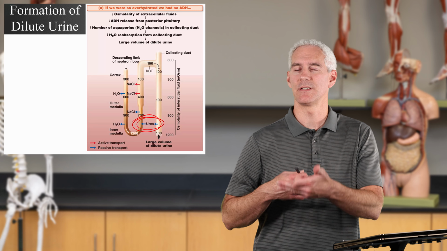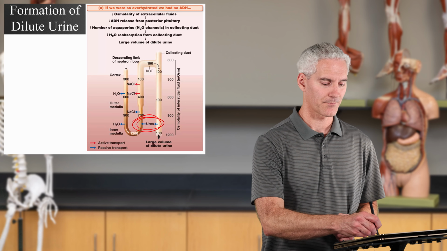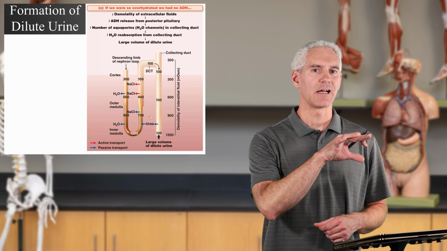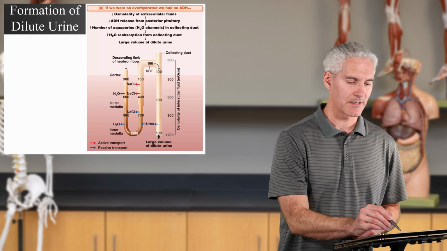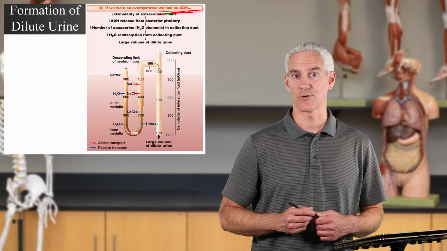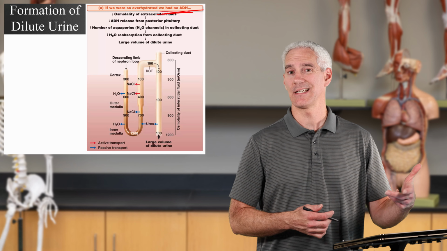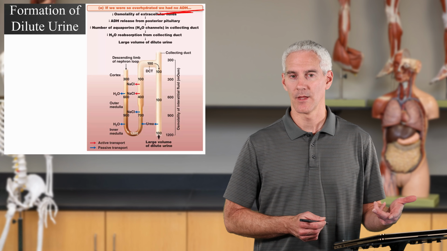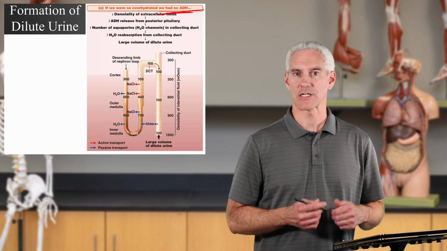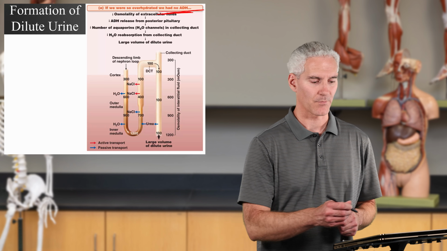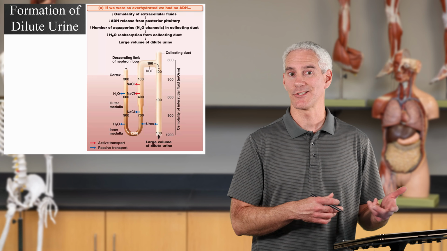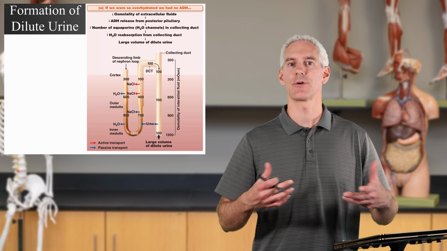So it kind of reuses it and recycles it a little bit. So that's the dilute urine when there is no ADH or very minimal ADH present. Remember, ADH, antidiuretic hormone. It depends on if that's present or not, controlling the amount of fluid. So if you don't have ADH, you're not really trying to conserve fluid. You're hydrated enough.